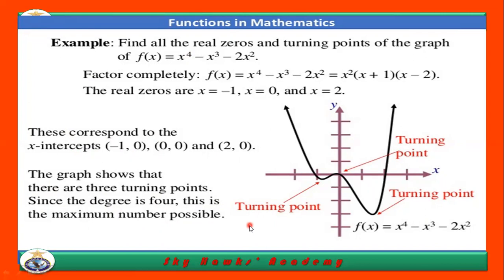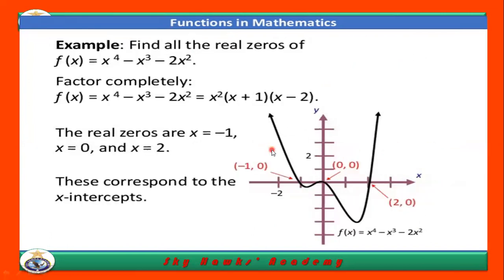So it's a degree 4 function having 3 turning points and real zeros. Zero occurs twice because x squared is equal to 0, so you will get x is equal to 0.